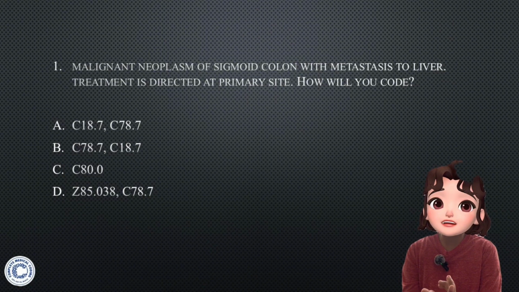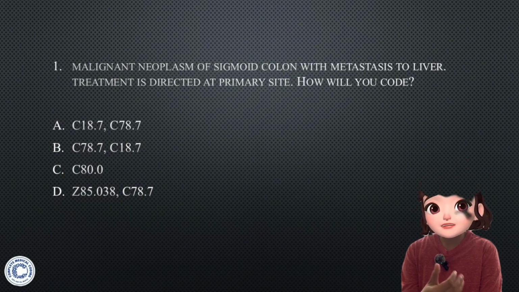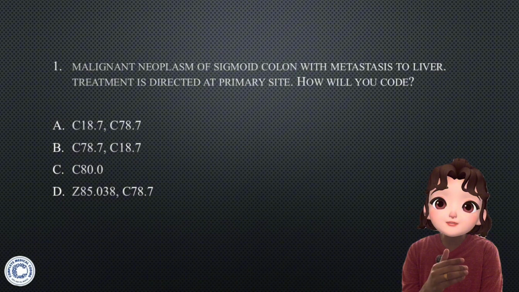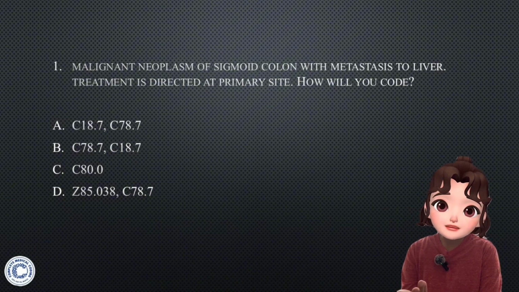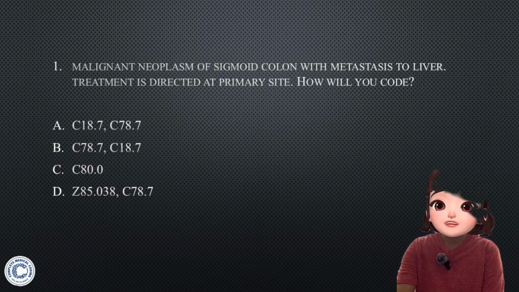Because in the question it is directly written like that. It means the first primary site is sigmoid colon. Metastasis to liver means it is spreading to the liver also, so in the liver also there is malignant neoplasm. So first you have to code for the sigmoid colon neoplasm, and then the secondary site as liver. That's how you need to code this. The first option, C18.7.